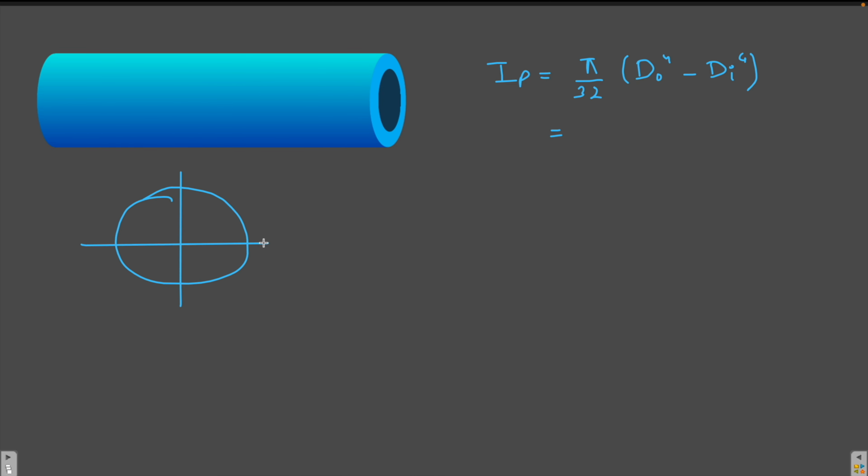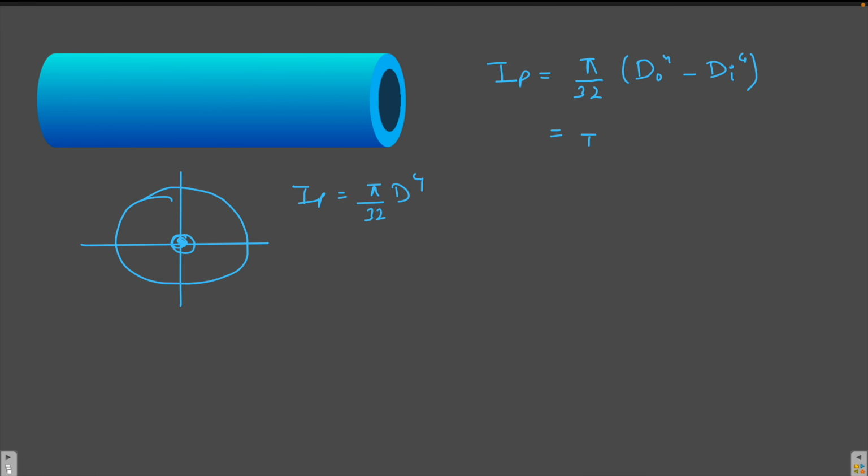The polar moment of inertia, IP, is pi by 32 times d outer to the power 4 minus d inner to the power 4. For a circle, the polar moment of inertia about the z axis is IP equals pi by 32 d to the power 4.